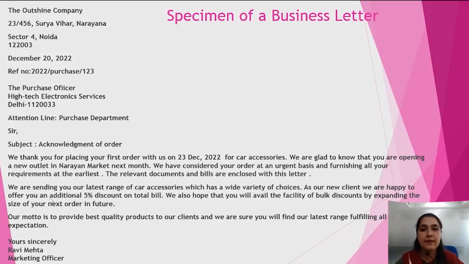So very clearly, a kind of a relationship is being developed from the side of the outshine company, and the person directly is marketing officer, as you can see at the bottom of the page. Who's writing this letter? He's Ravi Mehta, marketing officer. So he's trying to convince the purchase officer to buy more products from their company.